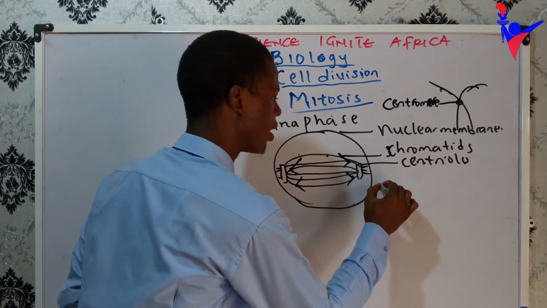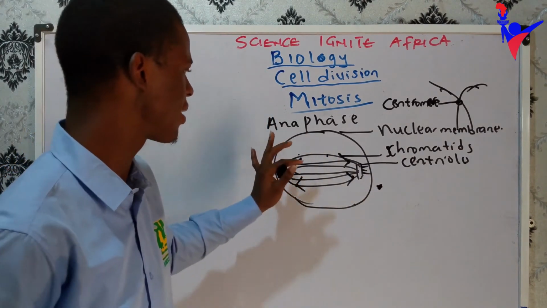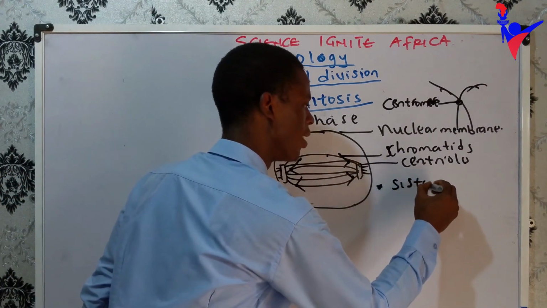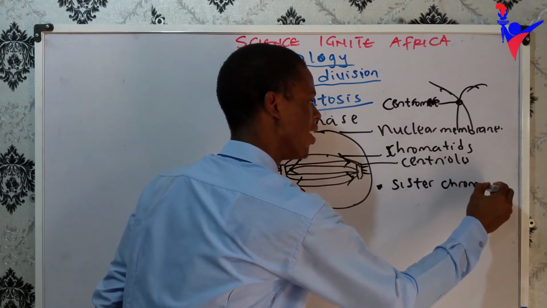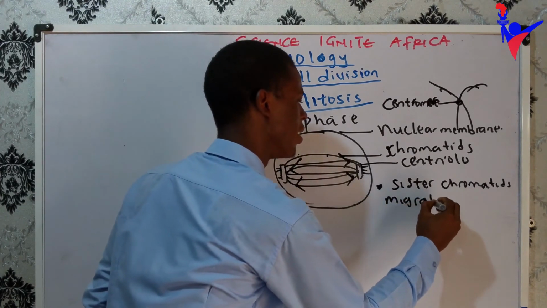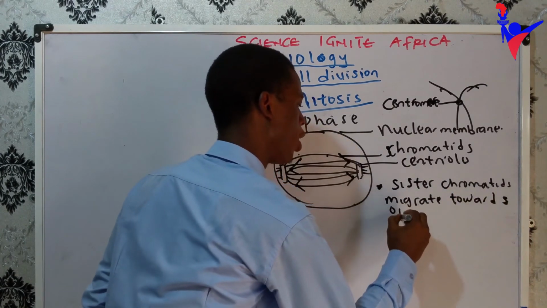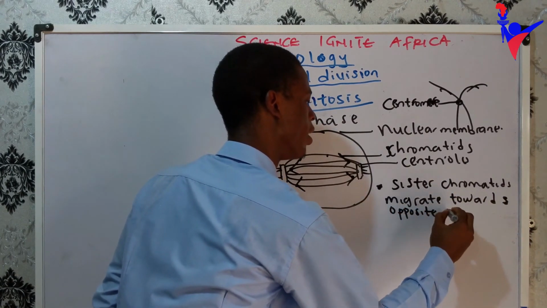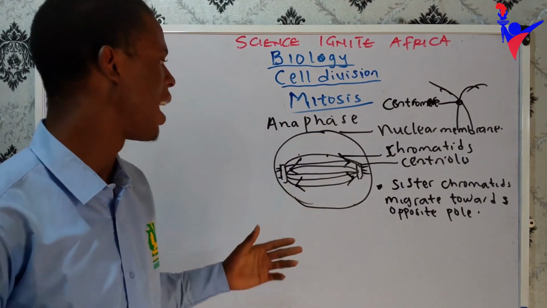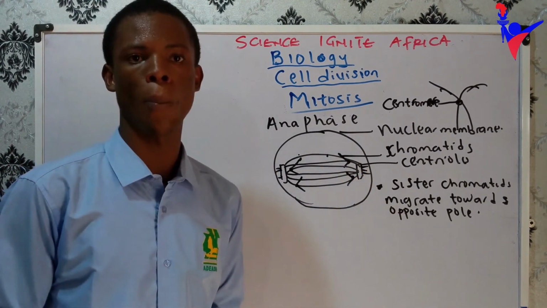The major keynote you should take in this anaphase division of the cell is that sister chromatids migrate towards opposite poles. That's the basic thing that happens at our anaphase division.